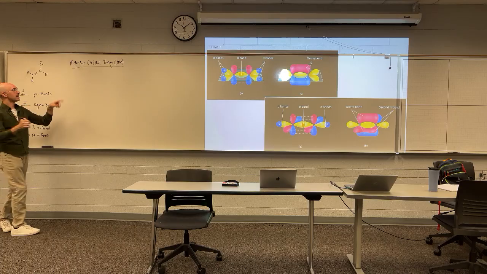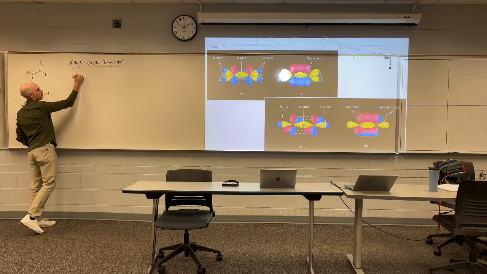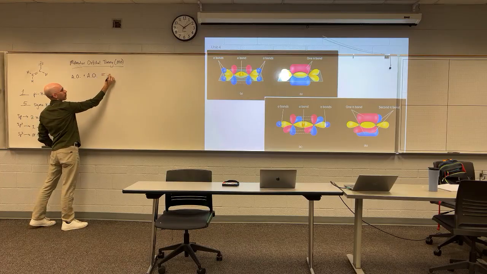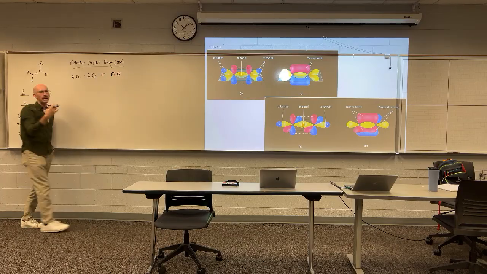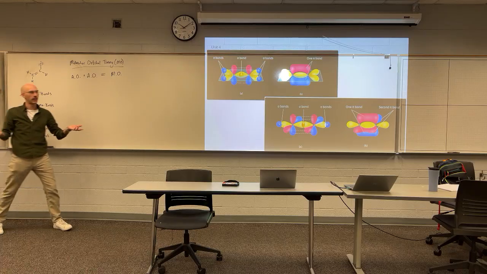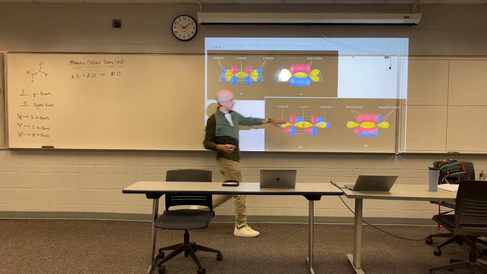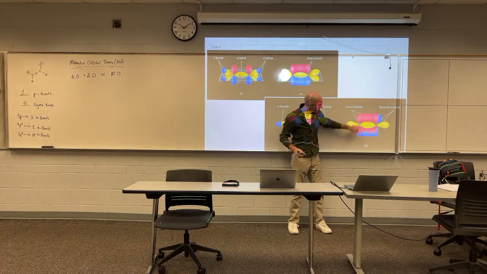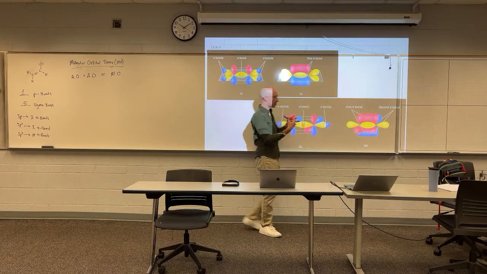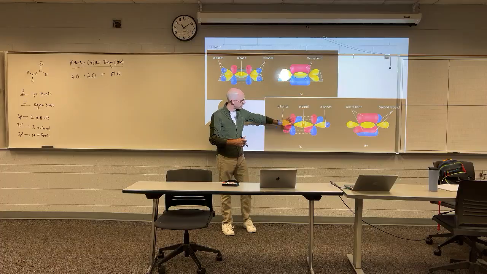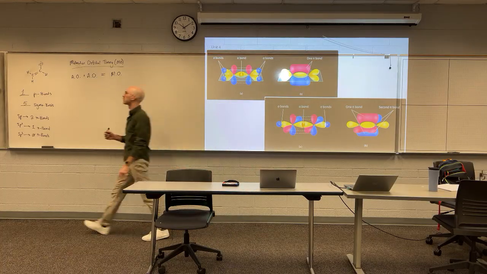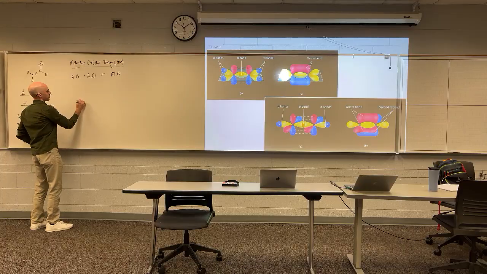They combine to be no longer atomic orbitals, but two or more atomic orbitals combine to become a molecular orbital, an orbital where the electrons are spread out across the molecule. In fact, that's what this kind of looks like. This is a molecular orbital because you can see it spread out across more than one nuclei, whereas this and this are atomic orbitals.